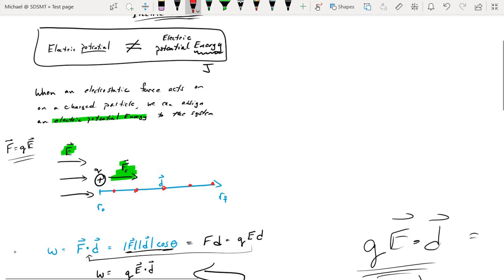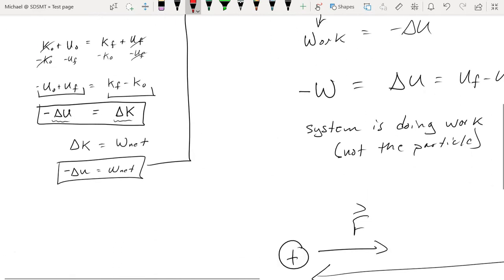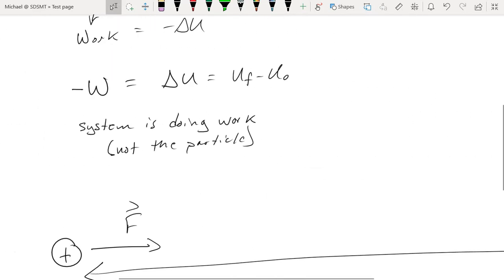Our potential energy can change as we move between two locations, but that's not really enough information. Right now, the best that I can do is say that any work that's done will change the potential energy, but it doesn't tell me what the individual values are. It just tells me what the difference is.